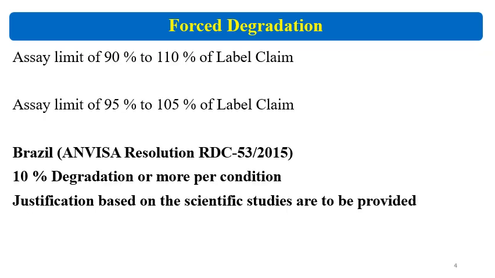See, the assay limit for some of the markets like the US is 90 to 110% of the label claim. For some of the markets, the assay limit is 95% to 105% of the label claim. So there is a variation of around 5% to 10%.